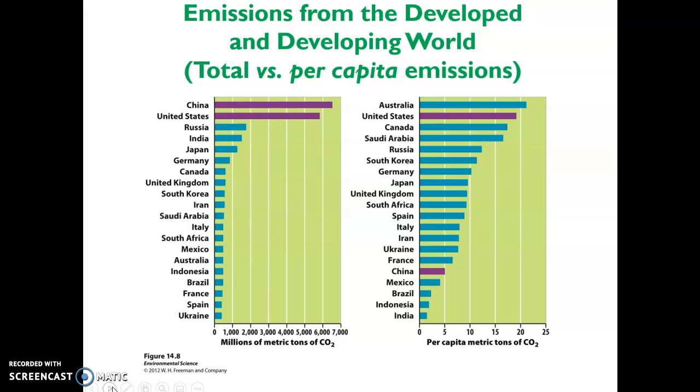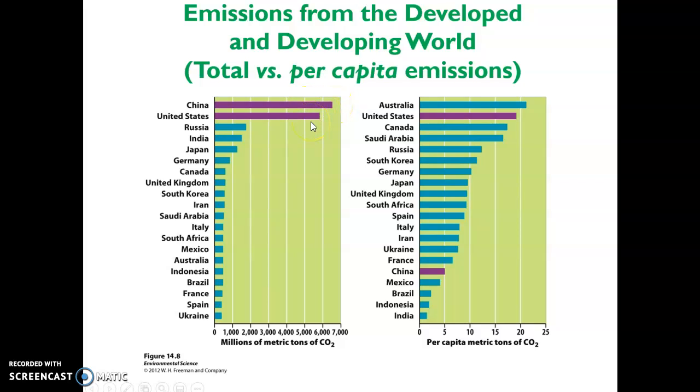So now let's take a look at emissions that are producing the CO2 and methane and so forth from developed countries and the developing world. So the graph on the left is millions of metric tons of CO2 produced by a country as a whole. And you can see that China surpasses us slightly in the production as a whole of CO2.